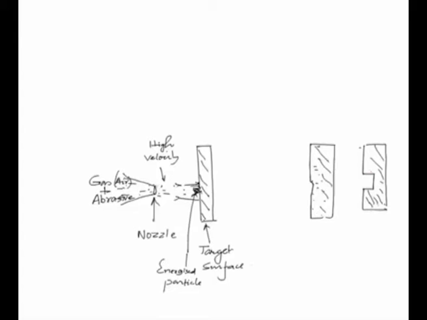Now, in this process there are several factors which are very important. One important factor is this distance, and then the angle of this nozzle at which it is striking this work surface. Of course, the concentration of the abrasive particles with this gas is also another important factor.